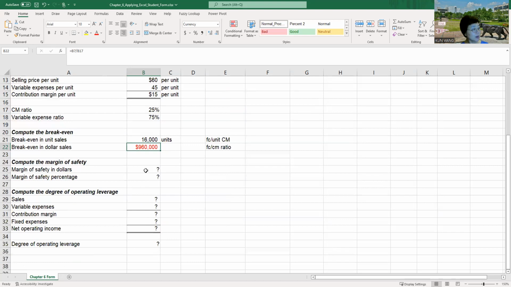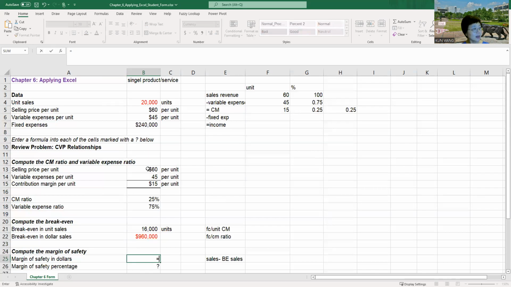Okay, so margin of safety equals, I put the formula here, the current sales minus the break even sales. So current sales, again, I'm directly doing the calculation, units multiplied by the pricing, right? So that's my current sales. But I need to minus the break-even point.